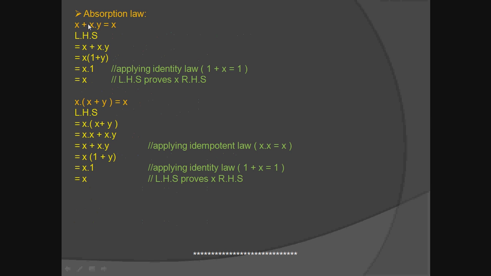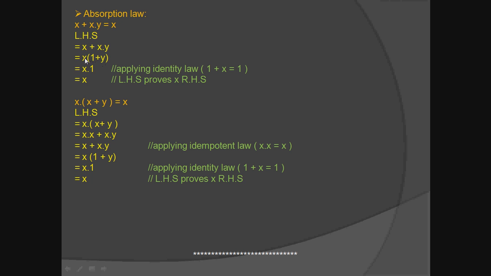So next is the absorption law. Here x plus x and y equals x. Now we have to prove it through the LHS: x plus x and y. We can split it up like x within the bracket, 1 plus y, which if you multiply becomes x into 1, x, and then x into y becomes plus xy.